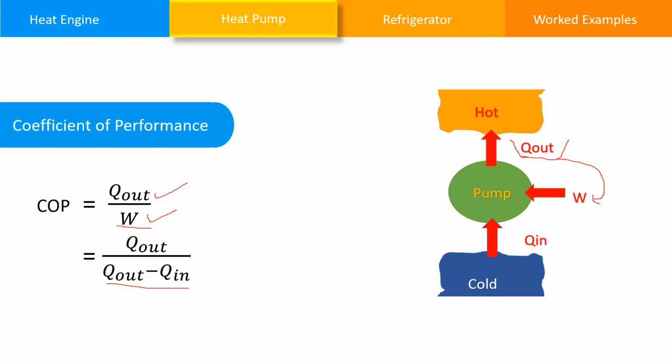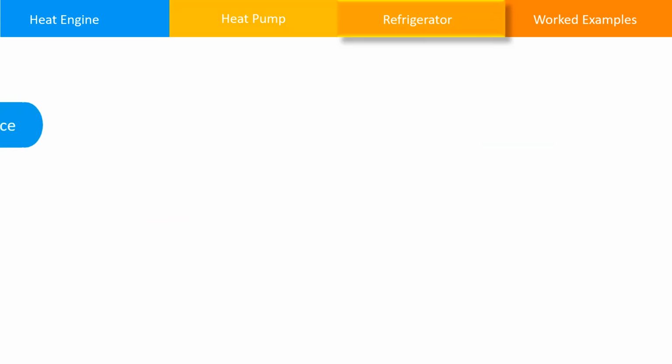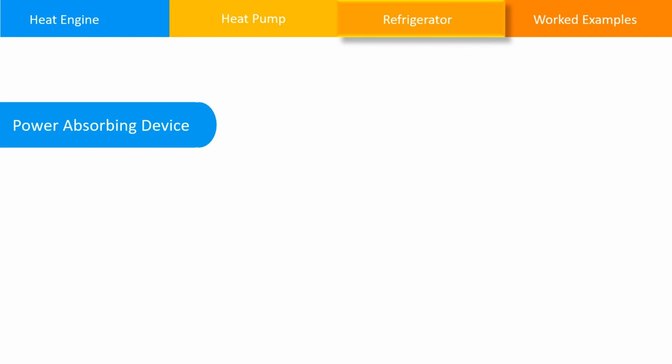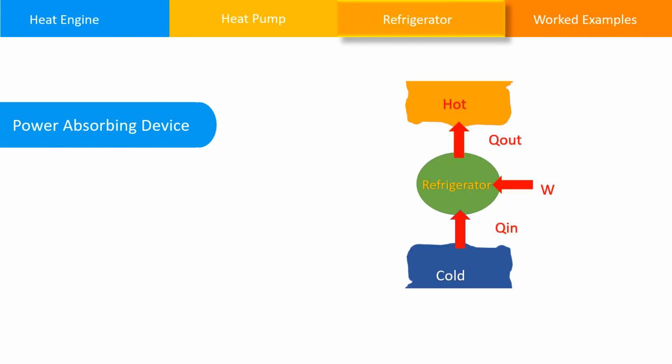The refrigerator is essentially the same device, power absorbing, and you can say that the diagram is also the same. The work is input, heat is absorbed from the cold reservoir, heat is rejected to the hot reservoir. The only difference is, here this is my desired output.